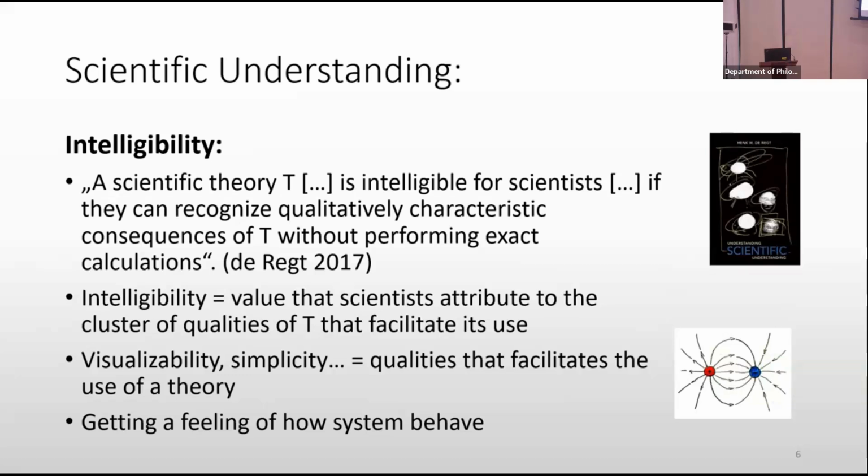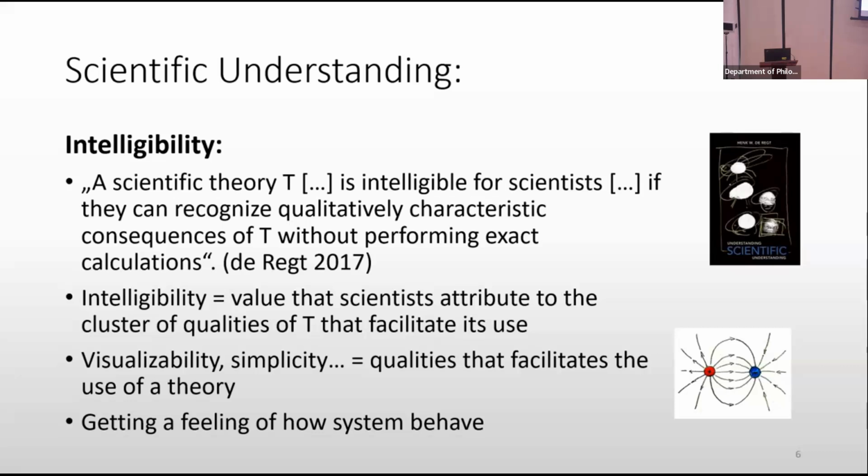My concern with this definition is that I tend to think that intelligibility is actually a matter of degree. It's not a binary on-off thing. Imagine we have two models that both predict exactly the same thing, but one is super complex and you need to run it through a supercomputer to get those predictions, whereas the other one a human being can do with pen and paper.